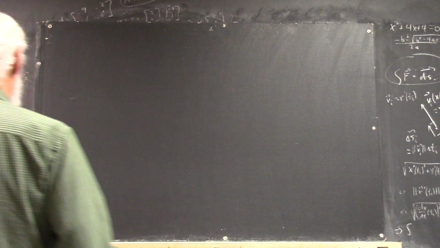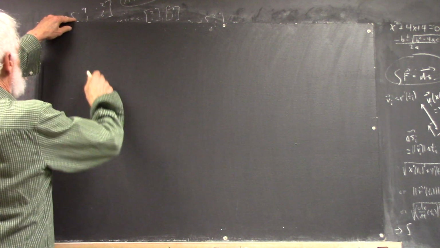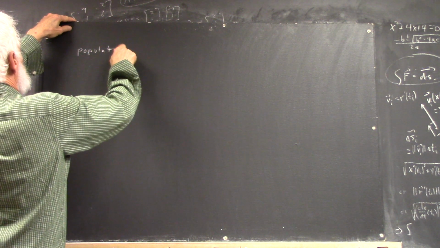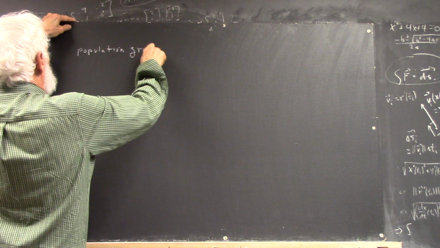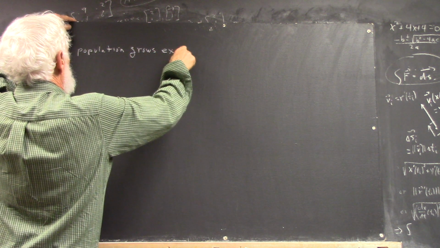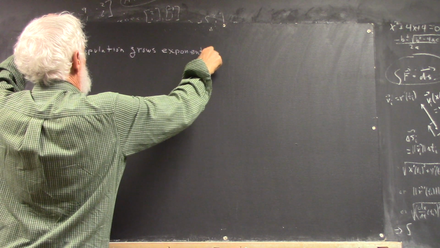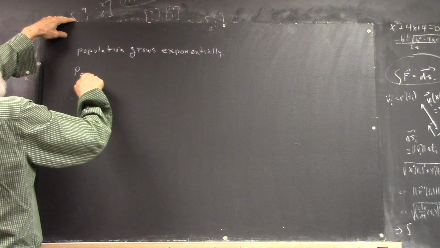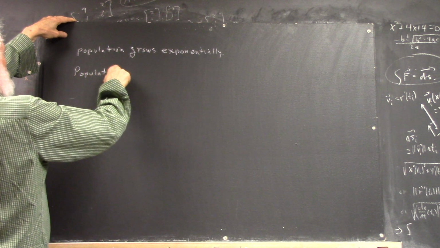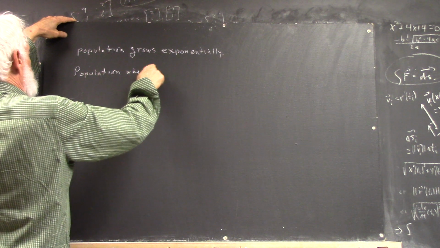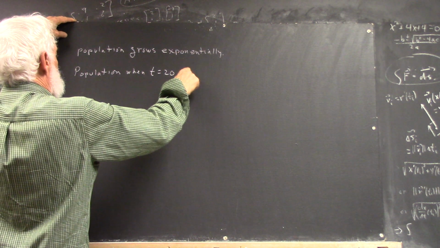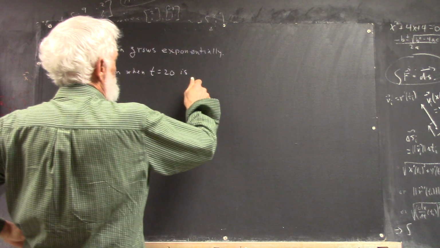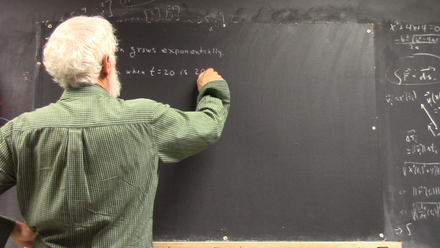Okay, so here's literally the question that I had this morning. It's a situation where the population grows exponentially. Population when t equals 20 is 200.